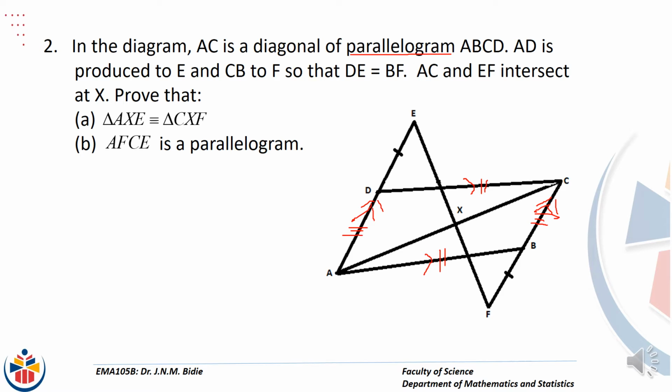So AD is equal to BC, and they are also parallel. DC equal to AB, they are also parallel.